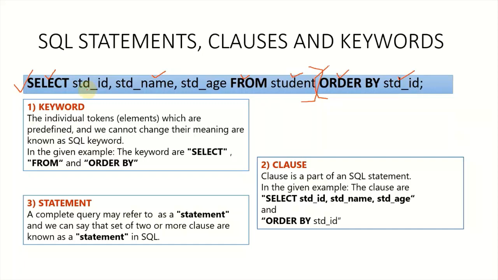The first clause is select and the second clause is order by. Now if we combine these two clauses, then that is called a statement, or we can say a complete query. It might be a single clause. A complete query may refer to a statement, or we can say that a set of two or more clauses is called a statement.